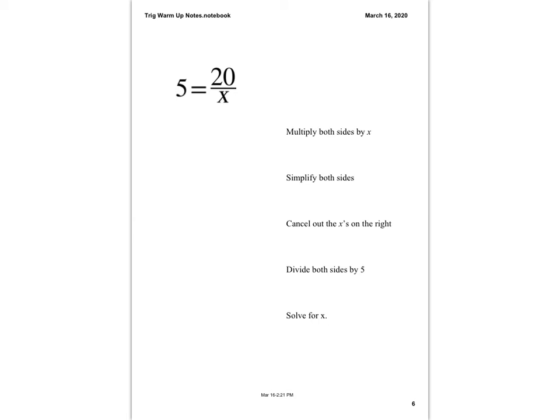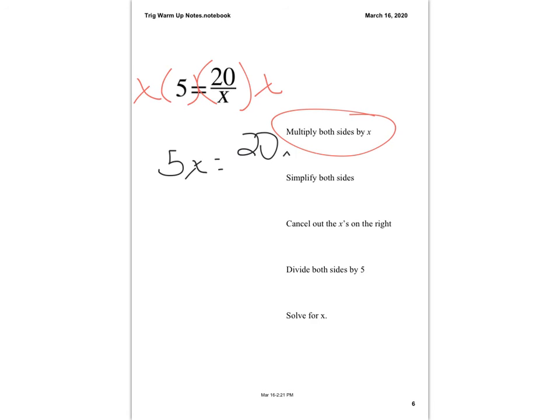This one has the opportunity for mistakes to be made. So your first step, again, move that value in the denominator to the other side of the equal sign. So we're going to multiply both sides by x, which is your first step here. Then as you simplify both sides, and we're going to go real slow here, and if it's slower than you need, you can skip through some of these. Simplifying both sides makes it look like 5 times x, and then 20 times x over x.